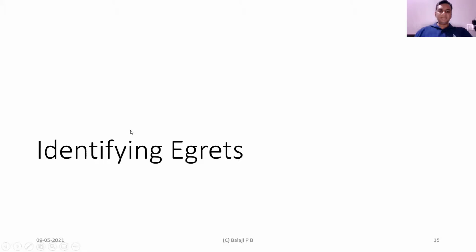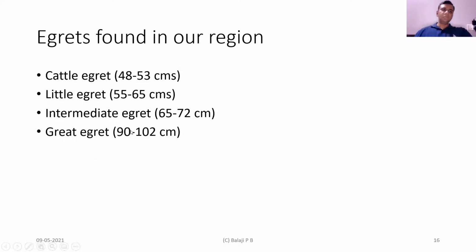So let's get started. The egrets found in our region are the cattle egret, the little egret, the intermediate egret, and the great egret. As the name implies, they are of very different size ranges. The cattle egret is about 48 to 53 centimeters.